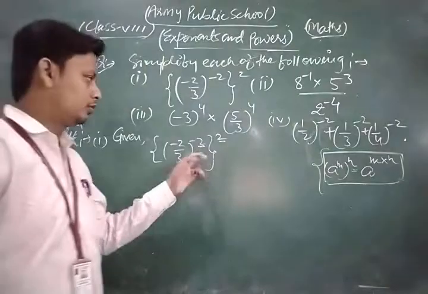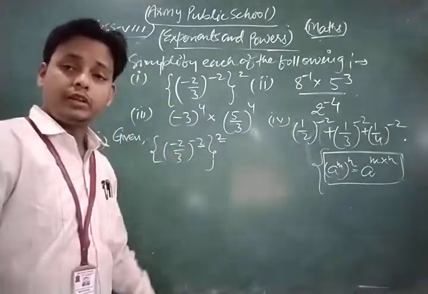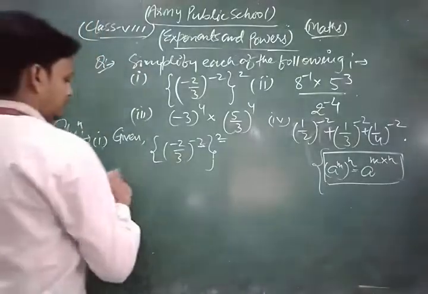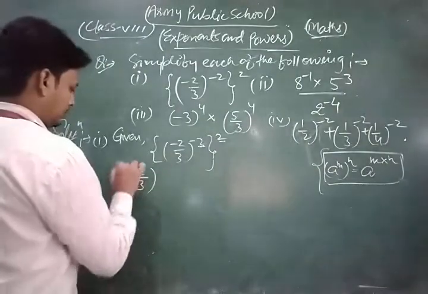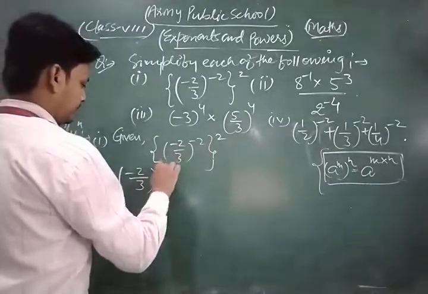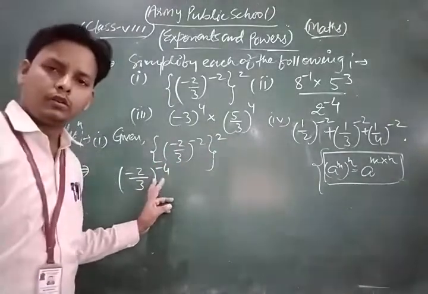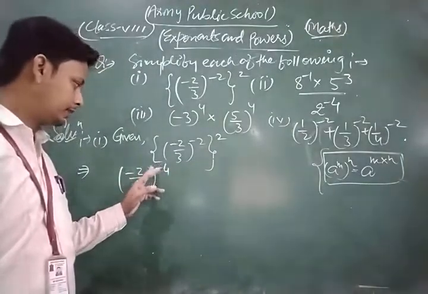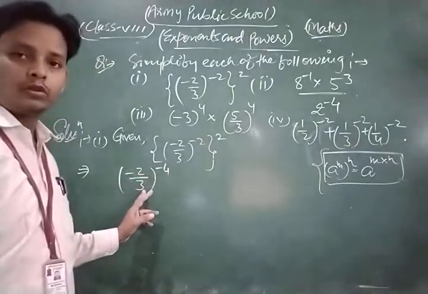Now first of all we multiply the powers, which gives 4 and -4. Now the power of -4 applies to both -2 as well as 3.